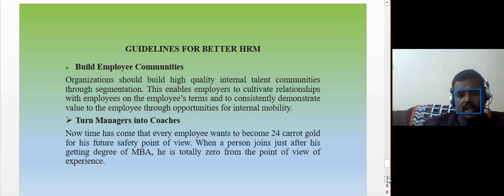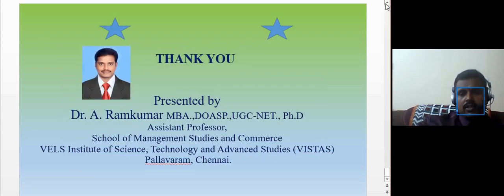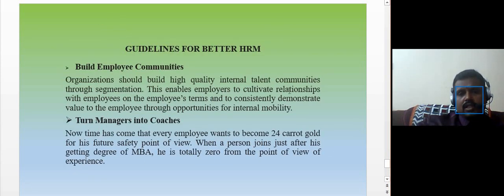And turn managers into coaches. Definitely. So we must develop suitable persons to the next level. So these are the guidelines we follow to create better human resource management.